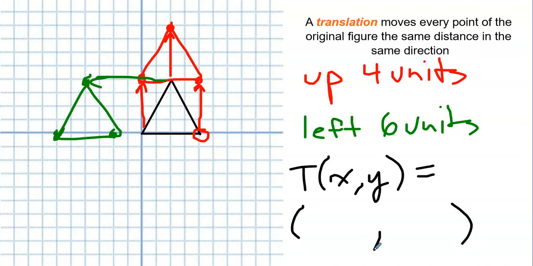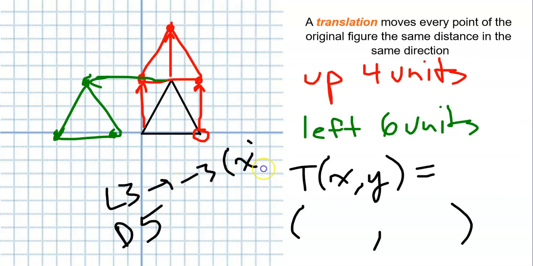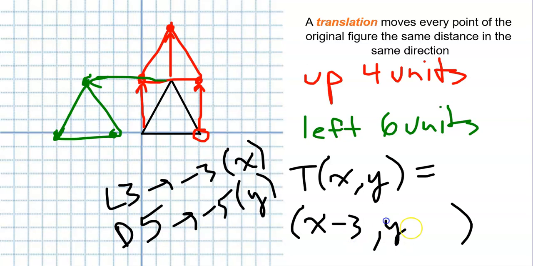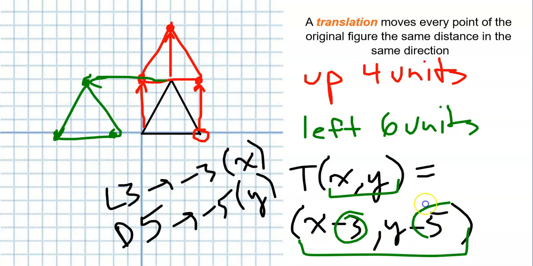Well, if we want to move the figure left 3 and down 5, left 3 is negative 3 in the x direction, and down 5 is negative 5 in the y direction. So we say that is the transformation (x minus 3, y minus 5), where the x and y of the original coordinates are plugged into the notation here, and then it describes how we move the figure: left 3 and down 5.